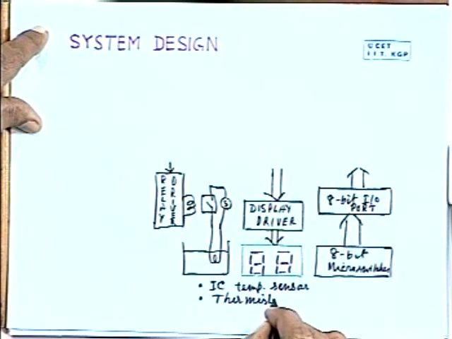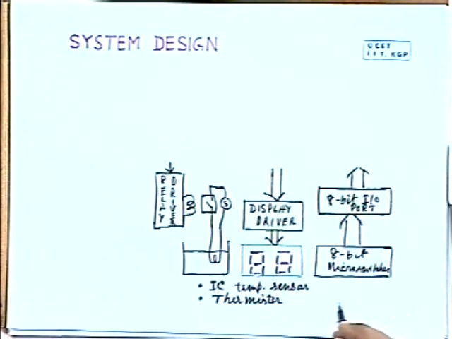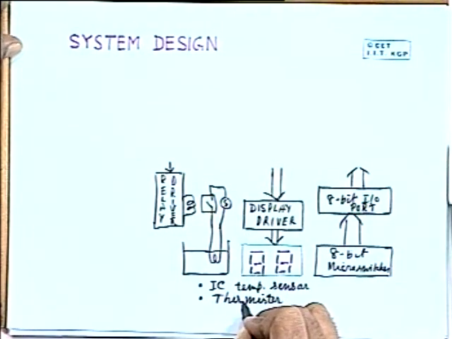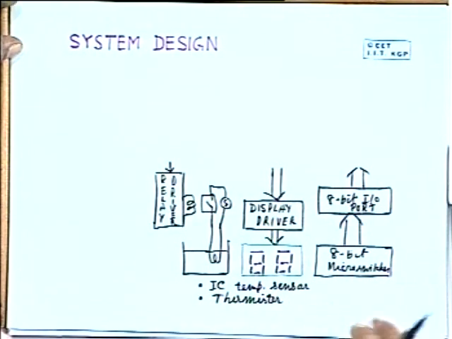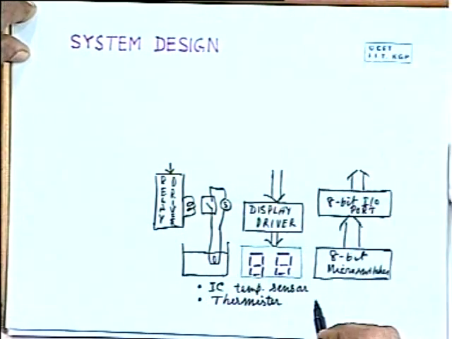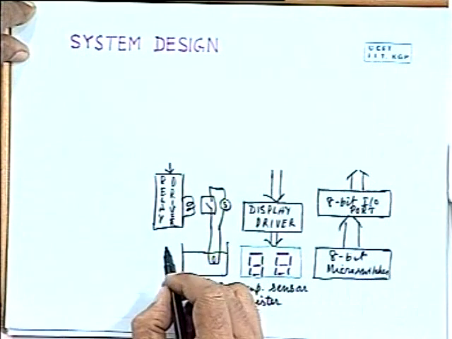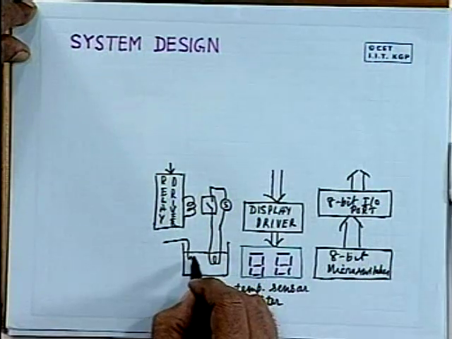Thermistor can be used for this purpose. And out of these two, we have selected thermistor because of its low cost, small size, and ready availability. So thermistor will be kept here.